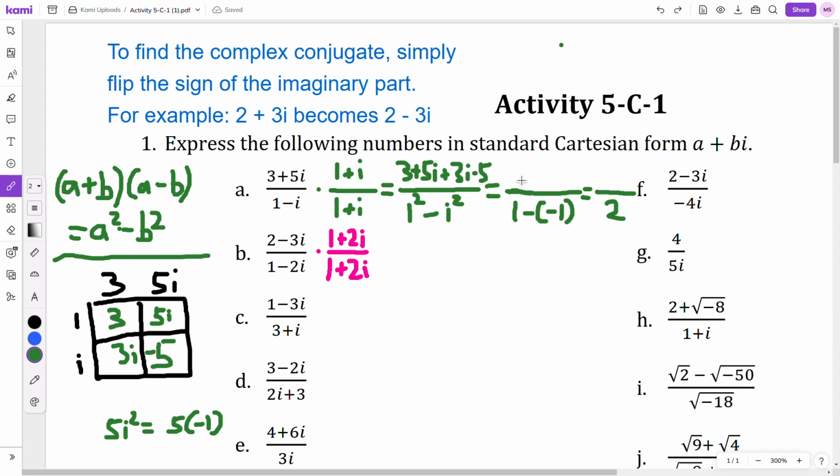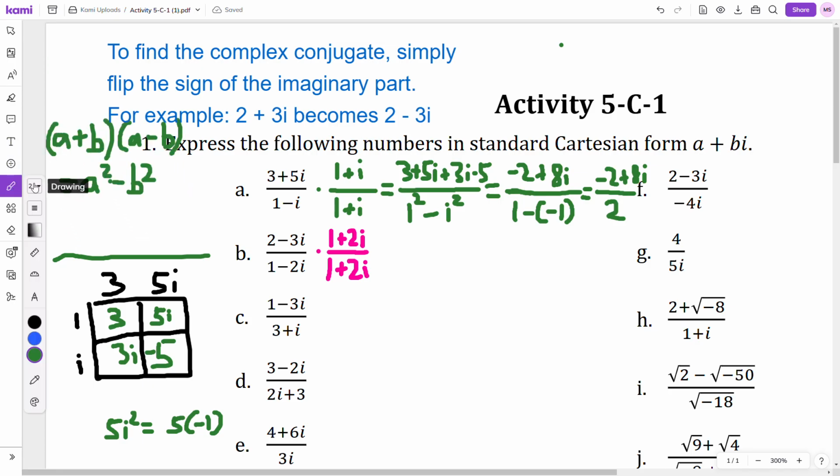It's minus 5. That's going to give us minus 2 plus 8i. And if we divide by 2, we get our answer. And our answer is going to be minus 1 plus 4i.